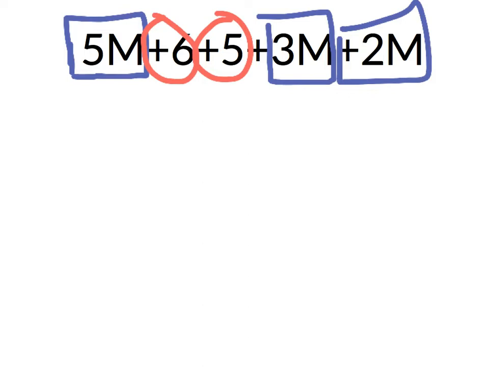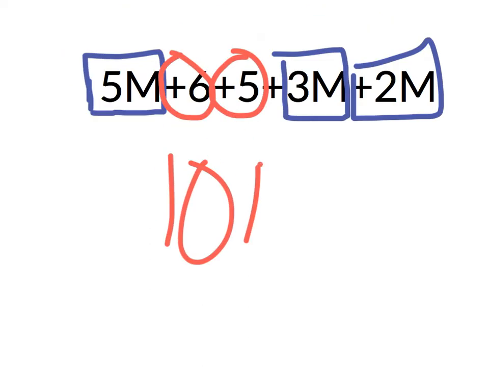I'll put circles around the regular numbers. So 5m plus 3m plus 2m gives us 10m. And then 6 plus 5 is 11.